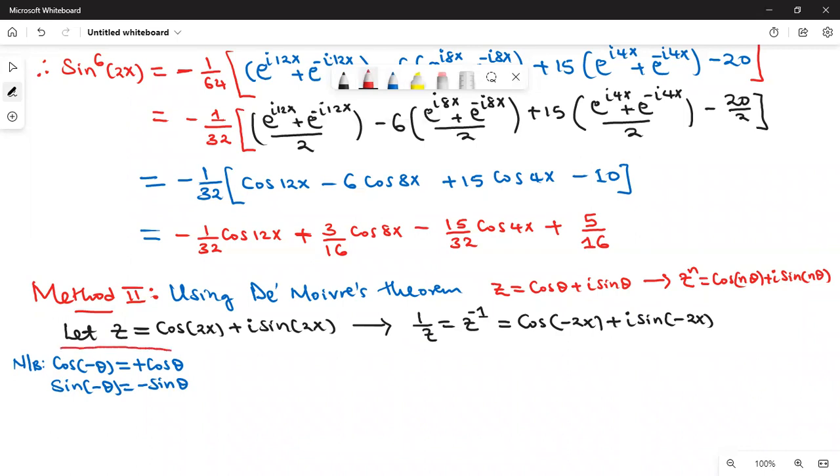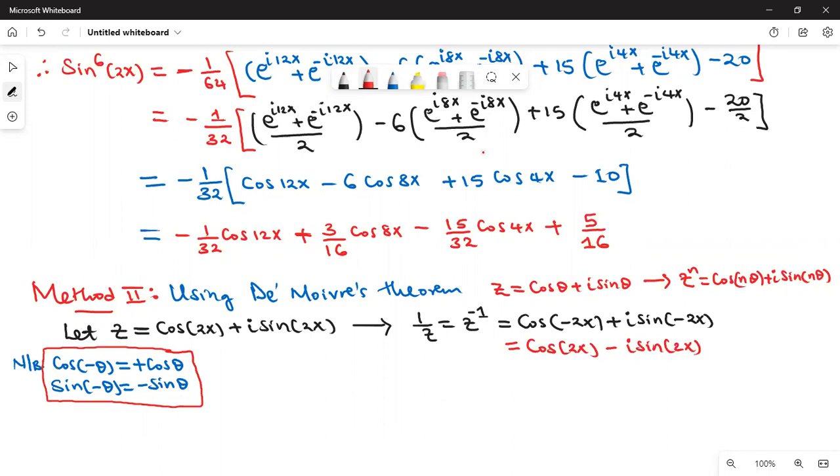We are going to use this identity. So therefore, this can now be written as cos 2x minus i sine 2x. Now you can get z raised to 6 and even z raised to negative 6 in that order using de Moivre's theorem.